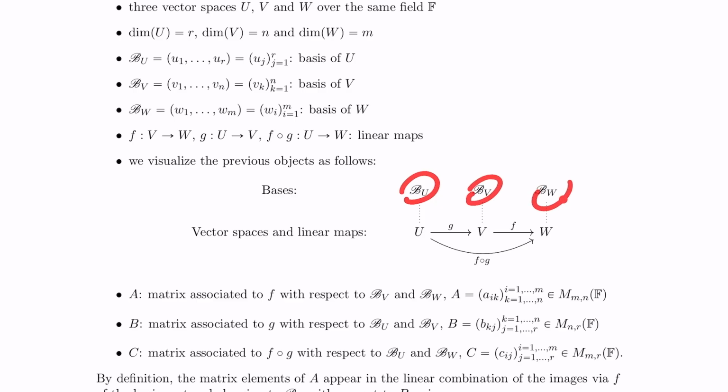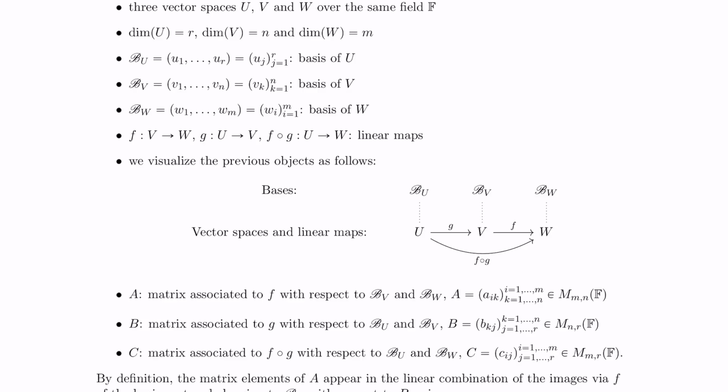BU, BV, and BW are of course fixed bases for these vector spaces, and f and g are two linear maps, f from V to W and g from U to V. Hence, the composite linear map f composed with g is a linear map from U to W. Finally, A, B, and C are the matrices associated to the linear maps f, g, and f composed with g, respectively, where the bases associated to these matrices are those indicated above the vector spaces in this diagram.